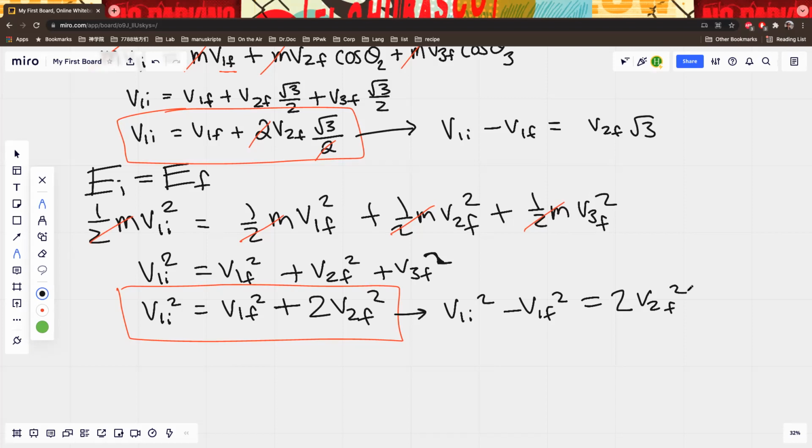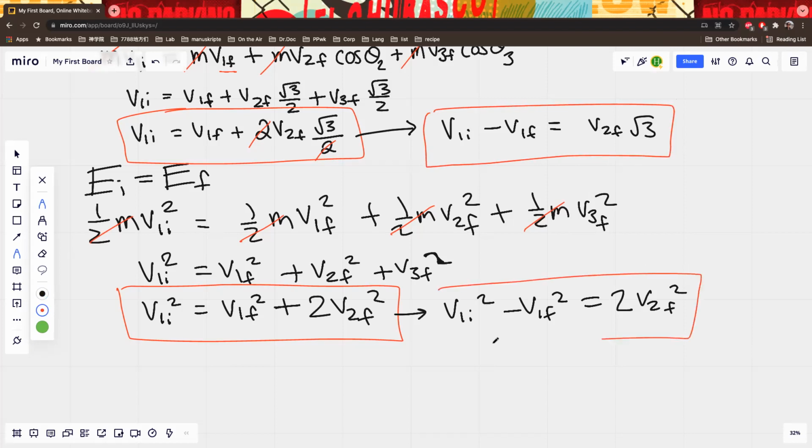Okay, so now that we did that, we then isolate for v2f on the top equation and then sub it in. Yeah, that's one thing we could do. But we know this over here is a difference of squares, right? And if I write this as a difference of squares, then I get that as one of my terms.